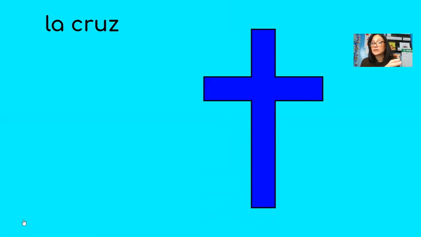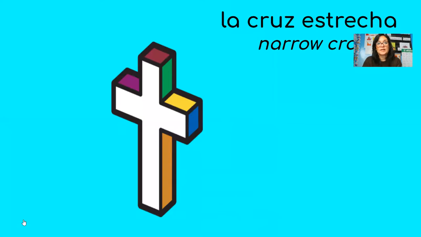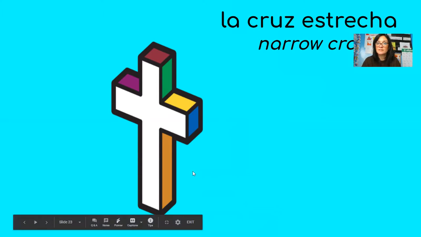Again, all of these nouns that end in a vowel, we just add S. If it ends in a consonant, ES. If it ends in a Z, we drop the Z and add C and then ES. La cruz estrecha, narrow cross. And I'm just going to move this so you can see the word.